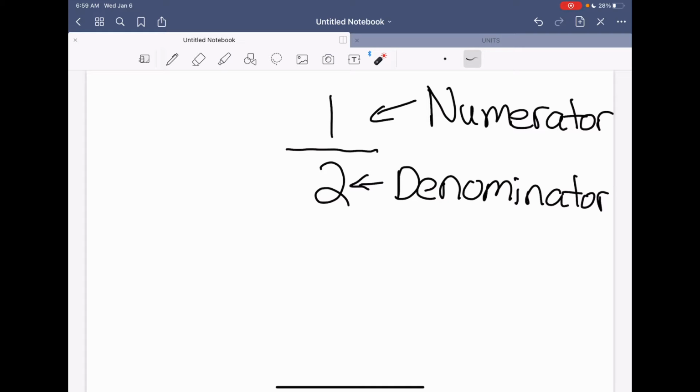The first part is called a numerator. The second part is called a denominator. So the numerator is always on top. The denominator is always on the bottom.